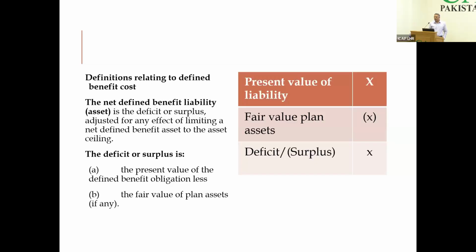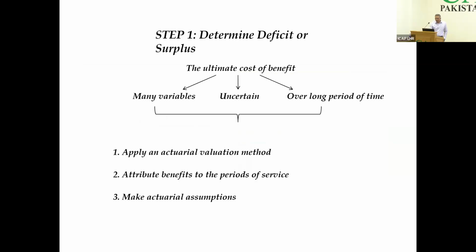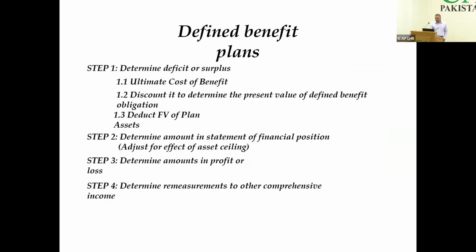So you have to apply the asset ceiling on it. Okay, let's have an Excel example first to understand the projected unit credit method. And then we will go through these different slides.